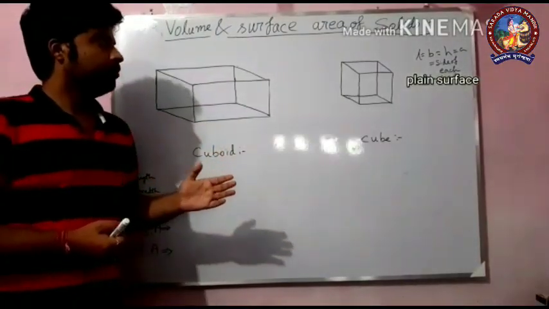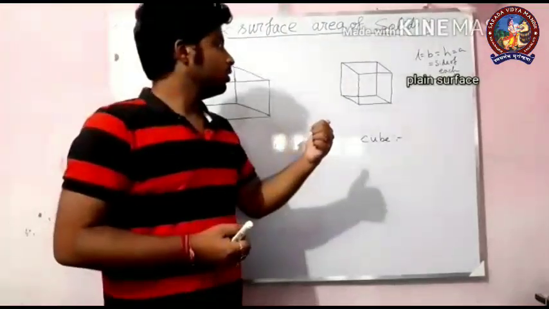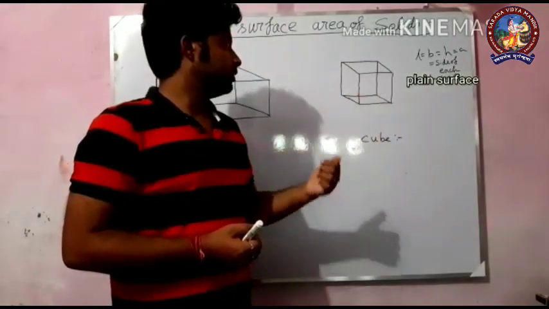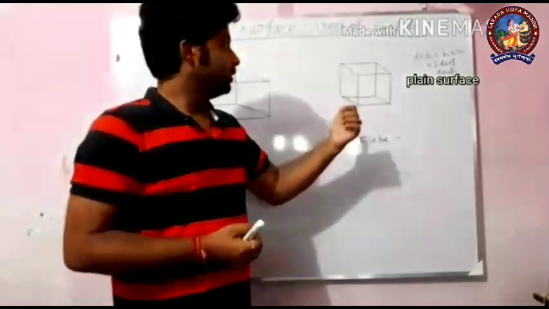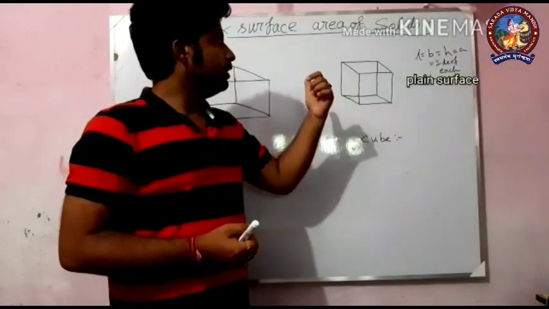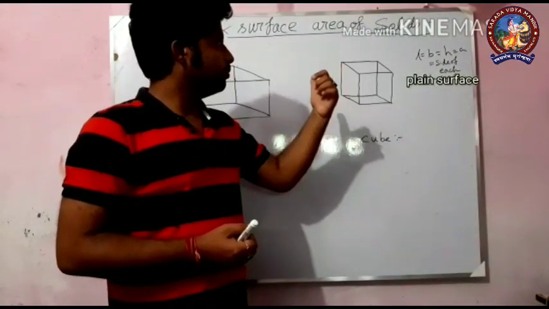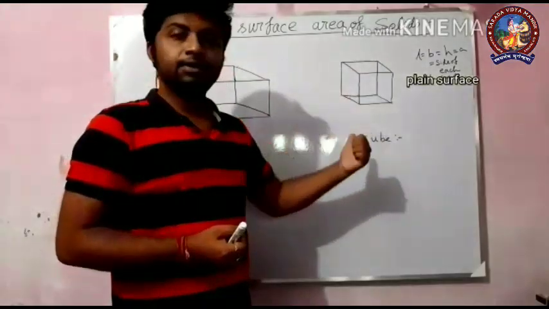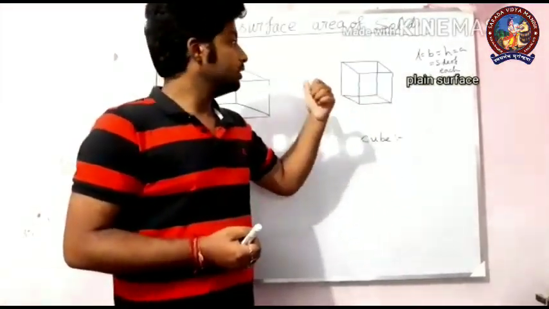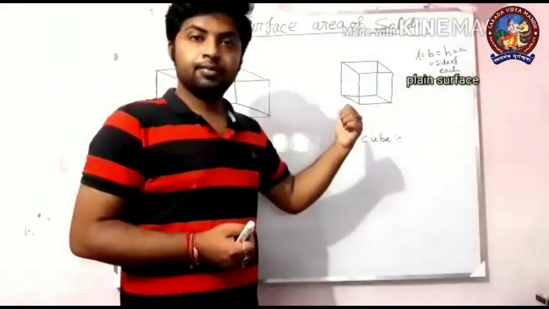And for a cube, each and every surface will be similar to each other. That means the area, the length, breadth, everything of each surface of a cube will be exactly the same.